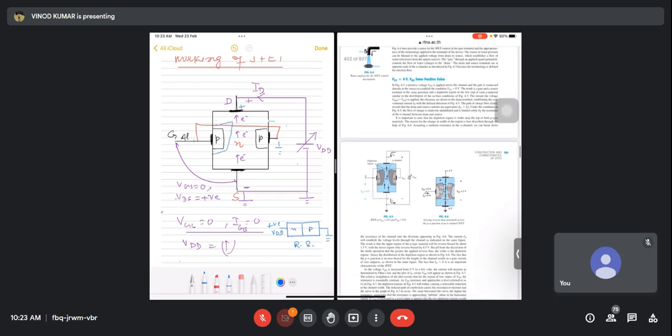If this is VDD, suppose this is 10 volts, so this 10 volt is higher here and this is ground. Means here it is 10, then here 9, 8, 7, 6, 5, 4, 3, 2, 1, 0, like this. This is how potential is coming down, and accordingly reverse bias is also coming down.